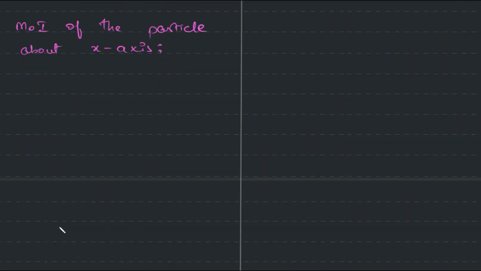And so the moment of inertia of the particle about the x-axis is my square. Then the moment of inertia of the particle about the y-axis would be mx square. Okay, right?